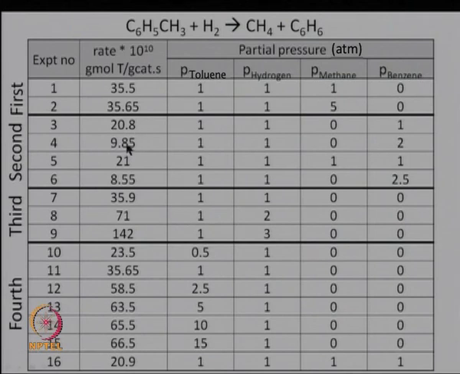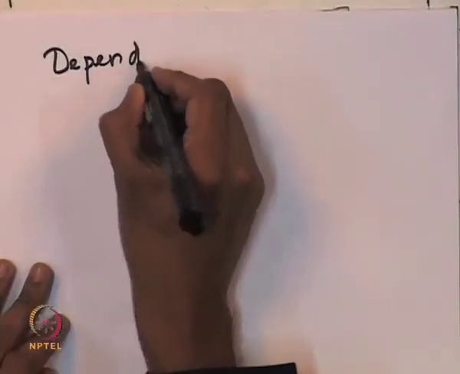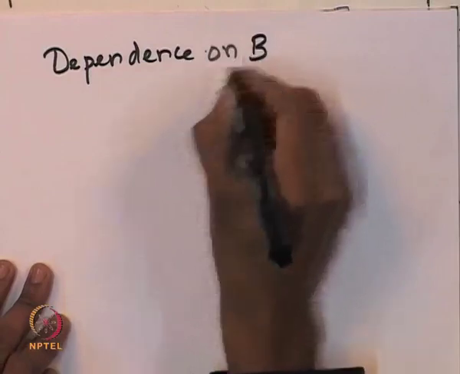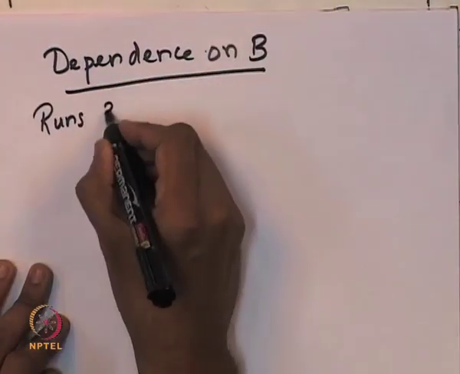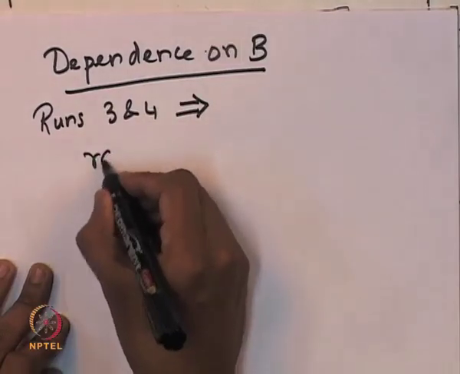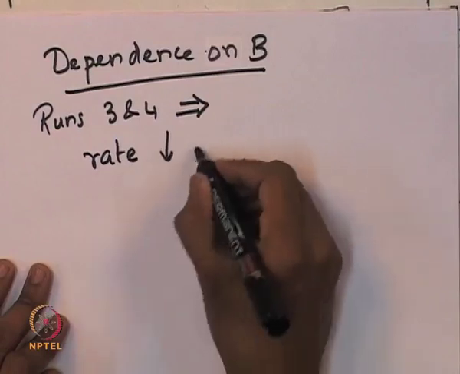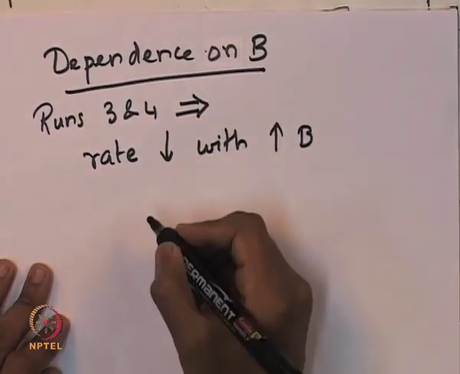So, this suggests that the concentration of benzene has to appear in the denominator of the reaction rate. Runs 3 and 4 suggest that the rate decreases with increase in the benzene concentration or the partial pressure.